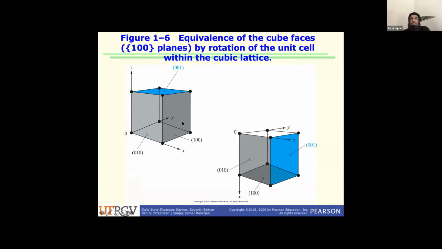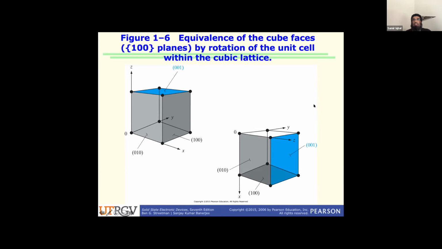So here, for example, 0 1 0, 1 0 0, they're all equivalent to each other because they're all the same size. They carry the same number of atoms in them. So instead of writing all of them, we can just write maybe one of them, but instead of using the brackets, what do you call this thing? We call these curly braces. Instead of using the small round ones, we use curly braces.